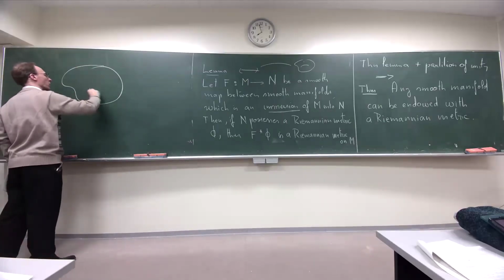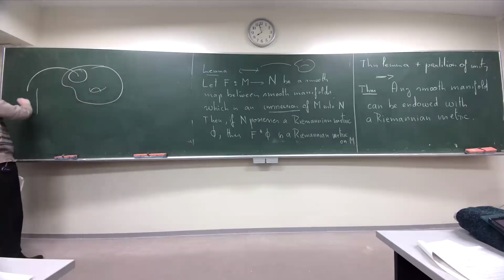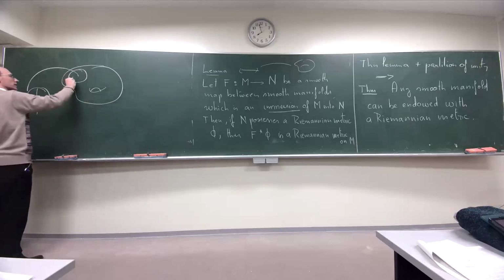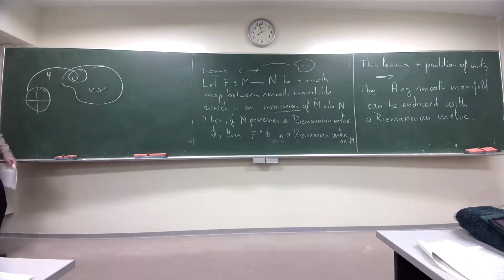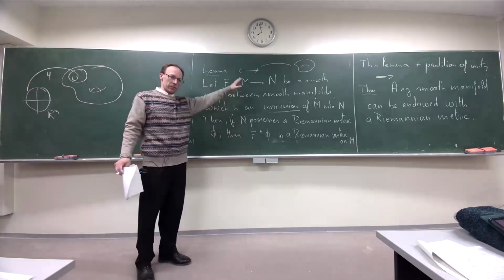Remember, on a manifold, locally you have charts. This is a U, this is a phi. This is part of Rm. We have matrices, we have positive definite matrices. So it means we have symmetric tensor fields here. Locally, I can bring them back here because of this lemma.